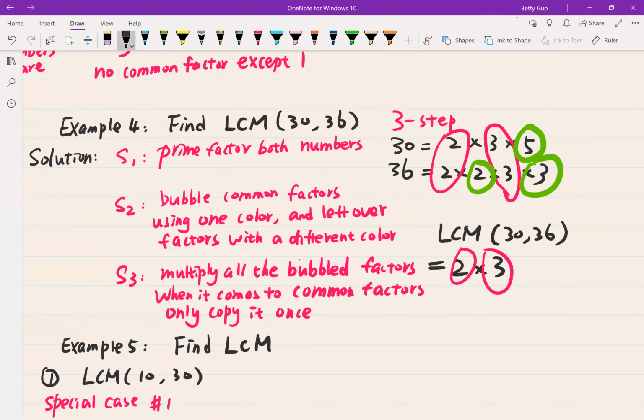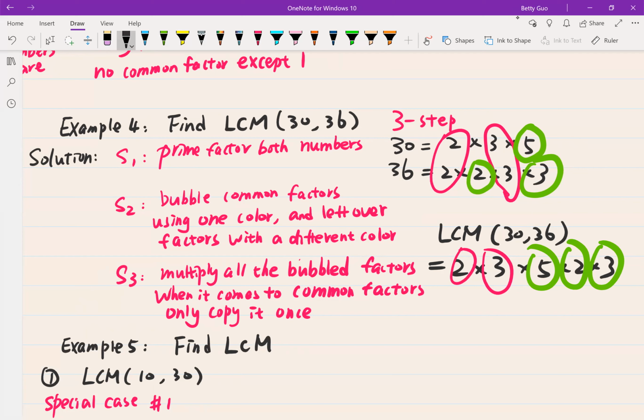We have 5, 2, and 3. So those are the leftover factors in the green bubbles. So basically you're going to copy all the bubbled factors in a multiplication. But when it comes to the common factor, you only copy it once.